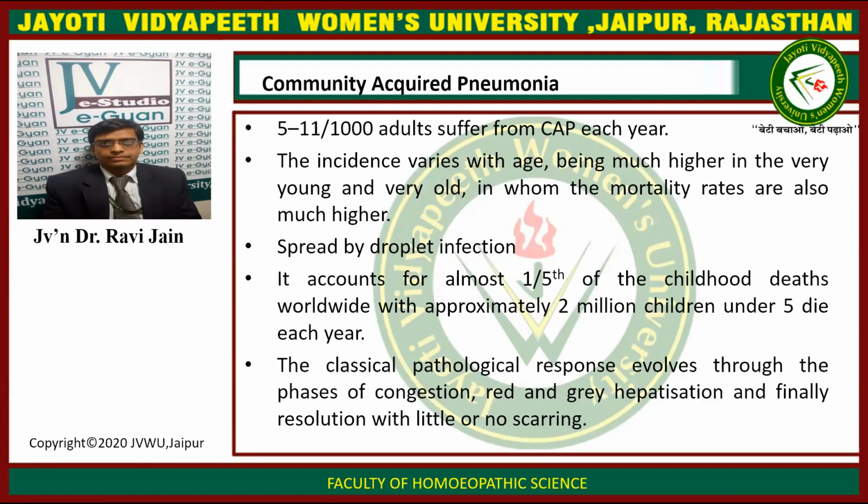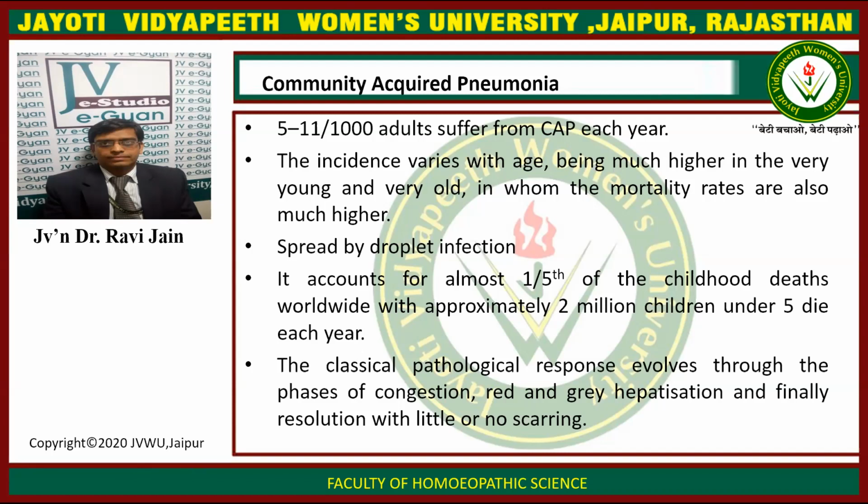First, community-acquired pneumonia. It occurs in 5 to 11 per 1,000 adult population every year. The incidence varies with age, being much higher in very young and very old people, in whom the mortality rates are always much higher. It spreads by droplet infection.